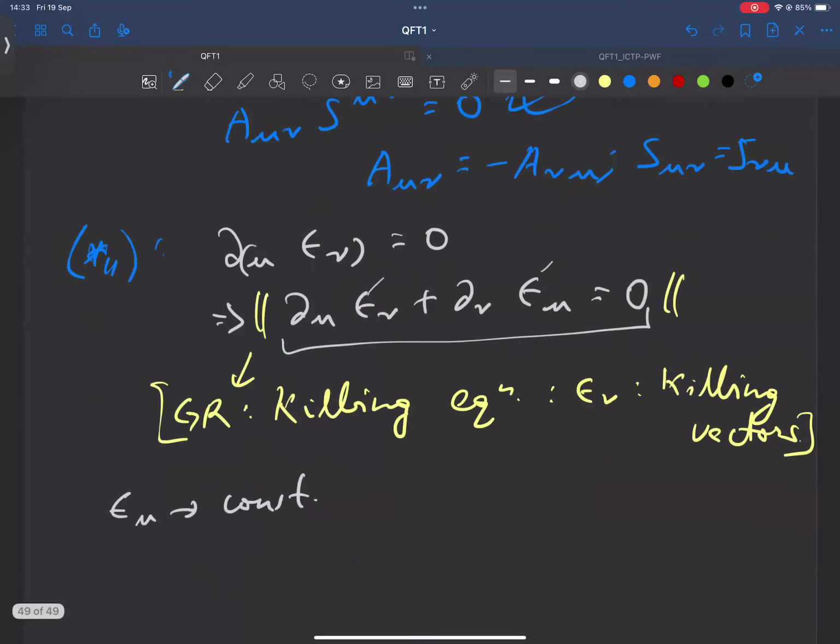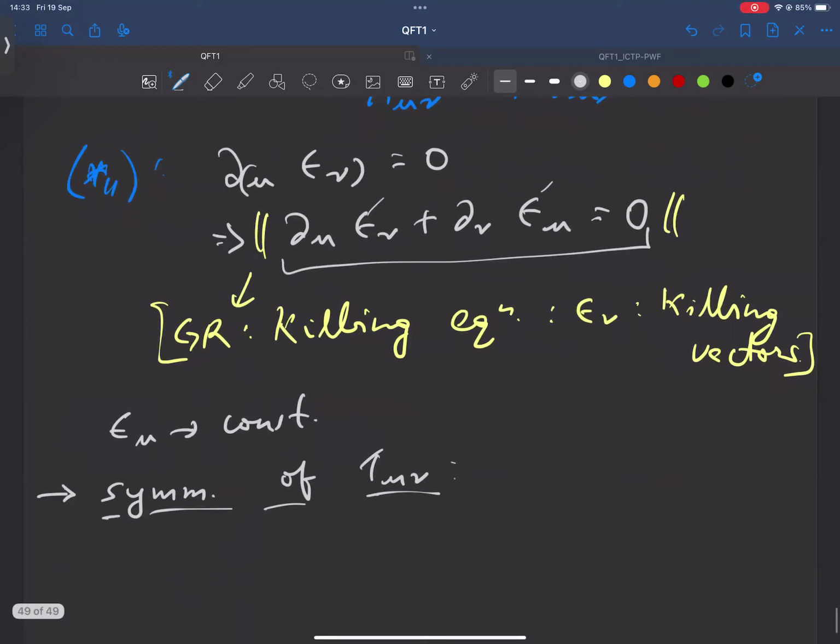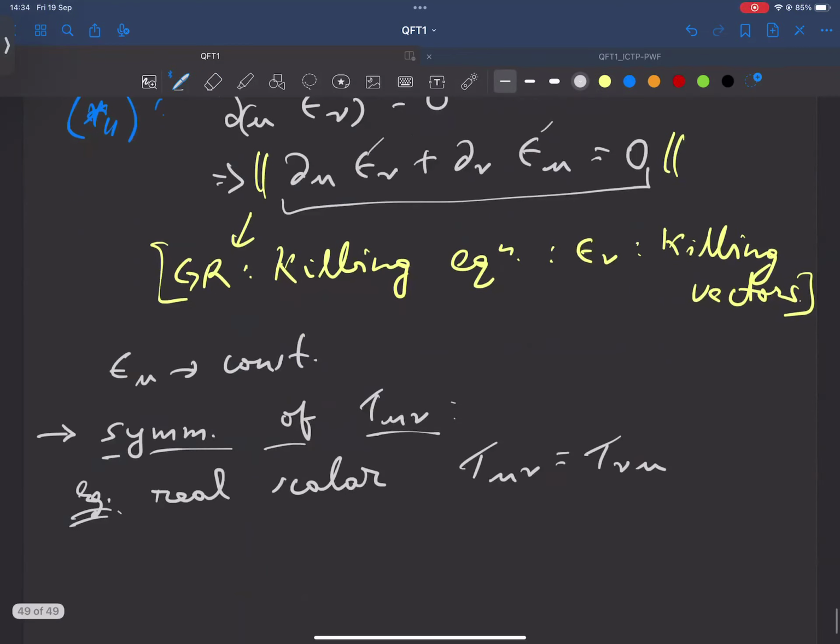Okay. Now let me talk about the symmetry of this T mu nu. As I said, in the example of a real scalar field that we looked at, this T mu nu was indeed symmetric, but it may not be symmetric in general.